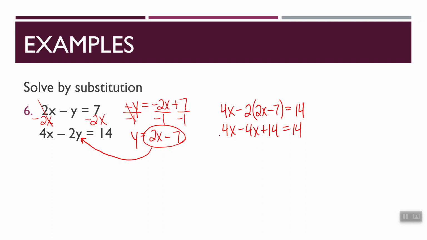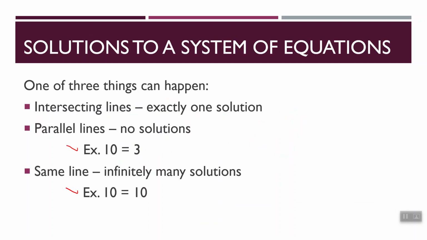Now you're going to see here when we combine like terms that these are going to cancel each other out, and I get 14 equals 14. So here is one of our special cases. Remember from this earlier slide that when I lose the variable, my options are parallel lines, which are no solutions, or the same line, which is infinitely many solutions.